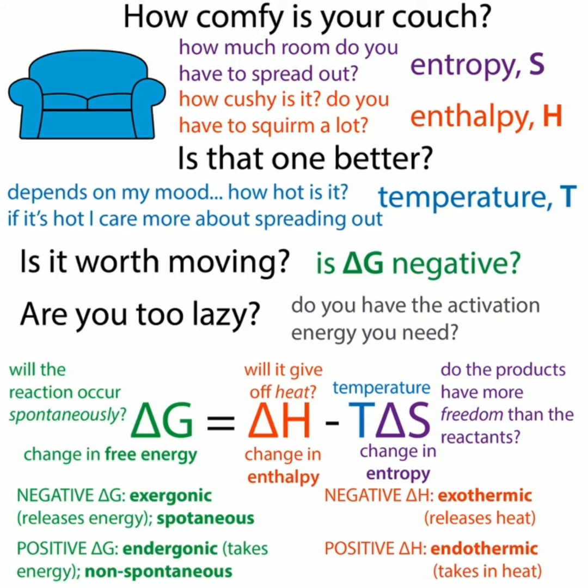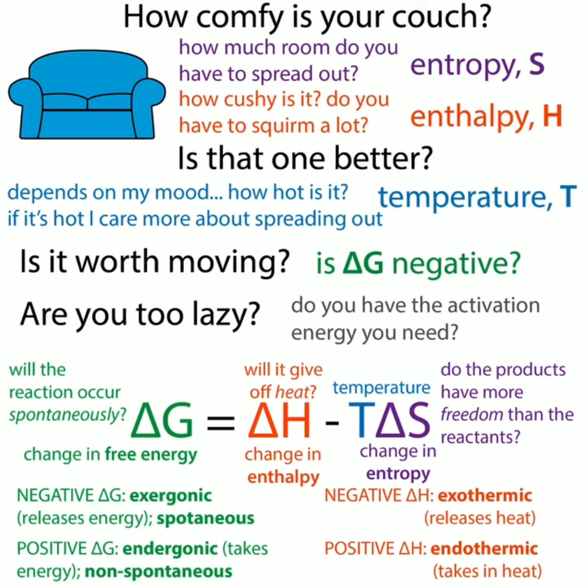Remember, we want delta G to be negative in order to have spontaneity. So a negative delta H, an exothermic reaction, is more favorable compared to an endothermic reaction, but we still have to look at the other half of the equation. So we have this minus T delta S, and T is the temperature, and it's in Kelvin units, so be careful with that.